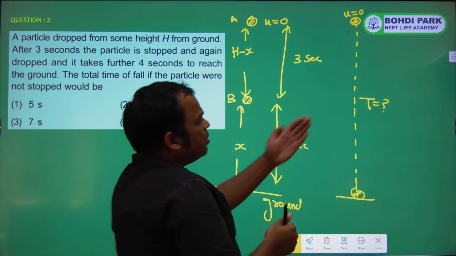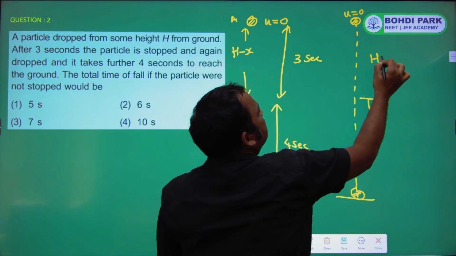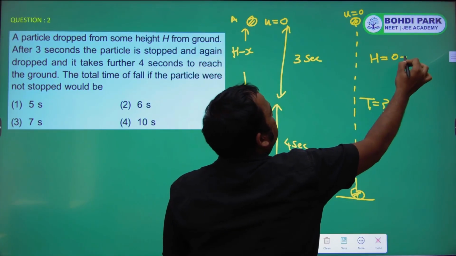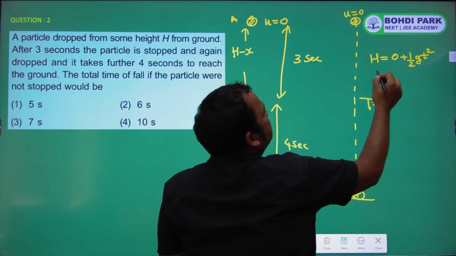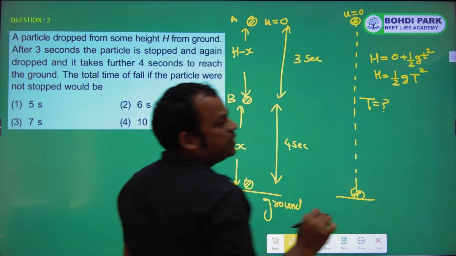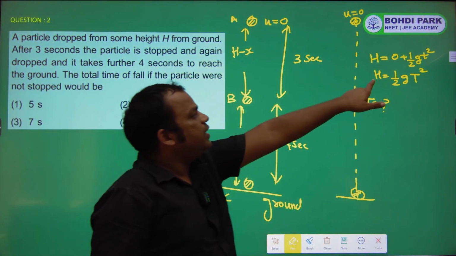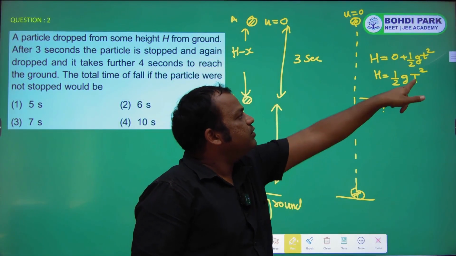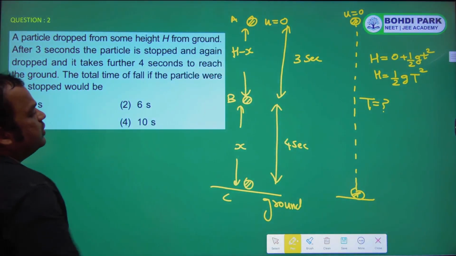So if it is not stopped, we can use S is equal to ut plus half at square. So h will be equal to 0 plus half g t square, and t is capital T. So capital H is equal to half g capital T square. So we will find h first, then we'll put it here, we'll get T. Okay, capital T. Now let's find h.